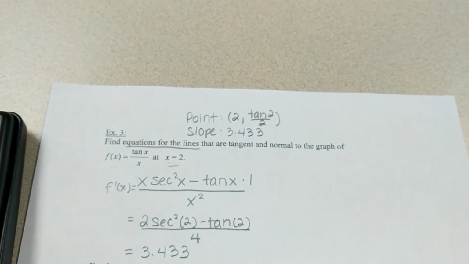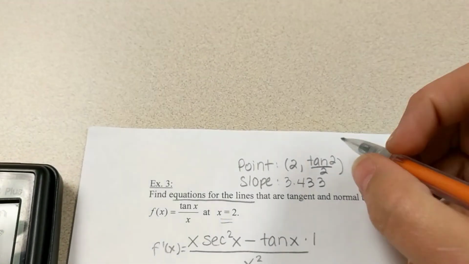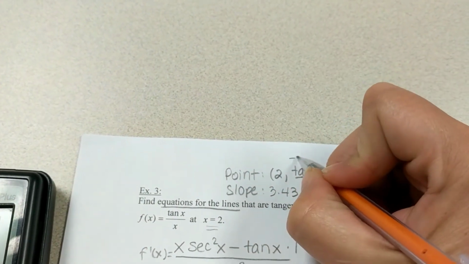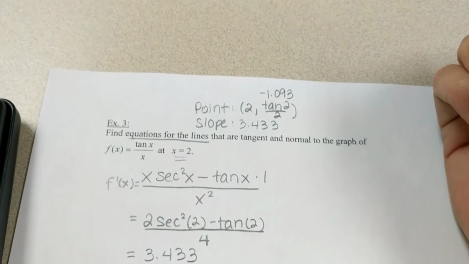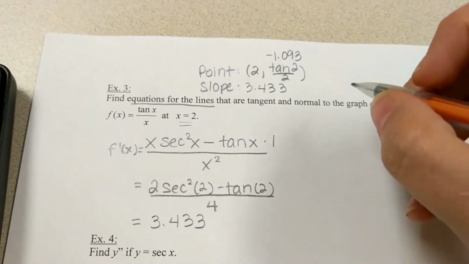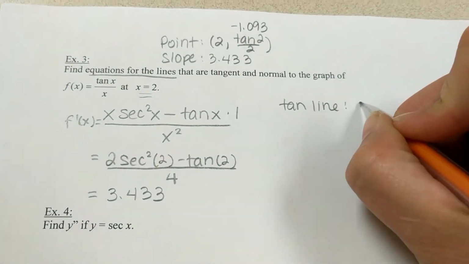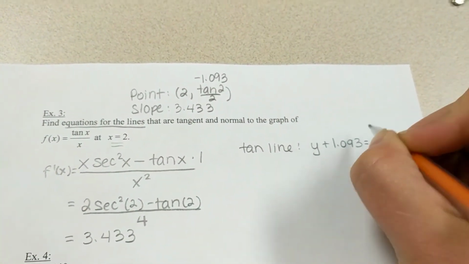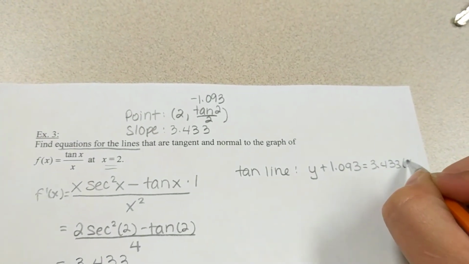So now I want to write the equation of my tangent line. I did figure out tangent of 2 over 2 is negative 1.093. Remember, round to 3 decimal places always. So my tangent line is y plus 1.093 equals 3.433 times x minus 2.